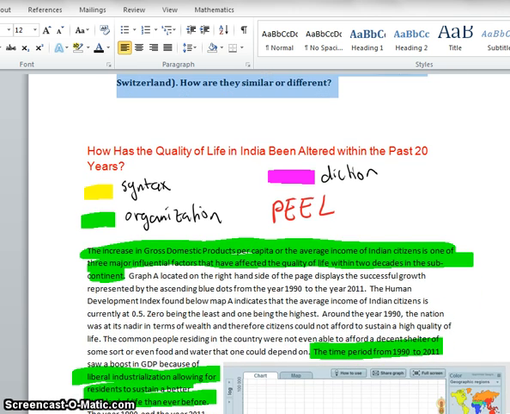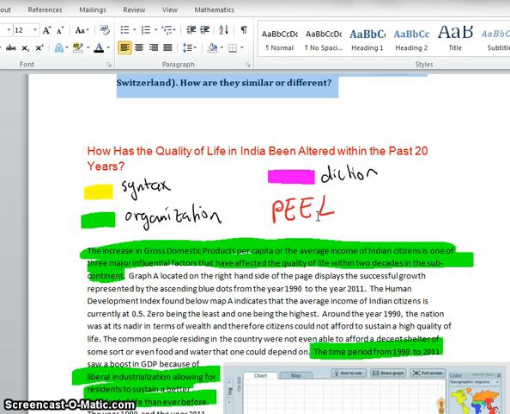This is a material that was assigned to us in history class, and we were made to use a paragraph structure called PEEL, and many of the students who take normal grade 9 history are very used to this fundamental concept.